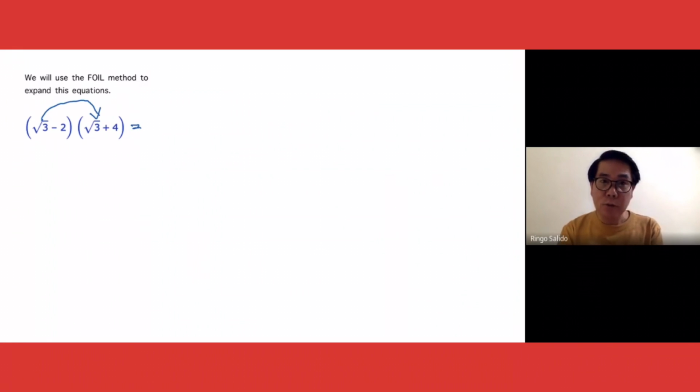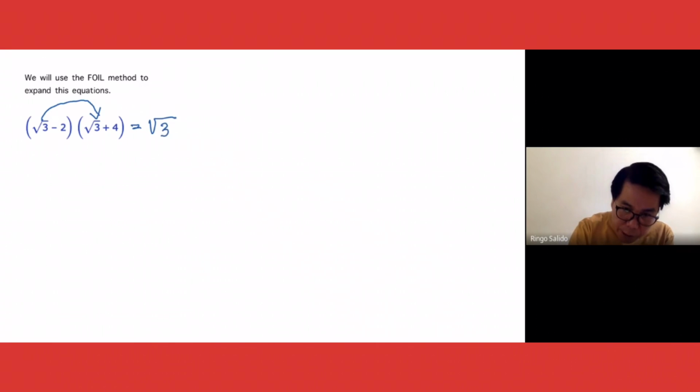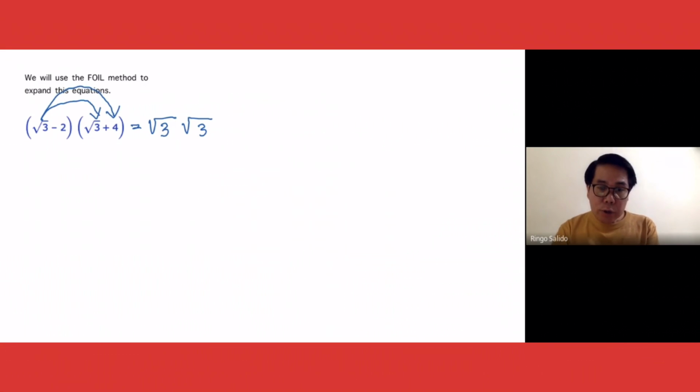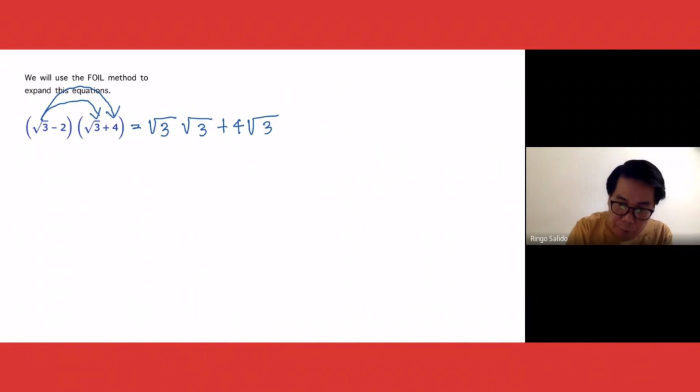For the first, we have to multiply root of 3 times root of 3. Then let's proceed to outside. Root of 3 times positive 4 is positive 4 times root of 3.